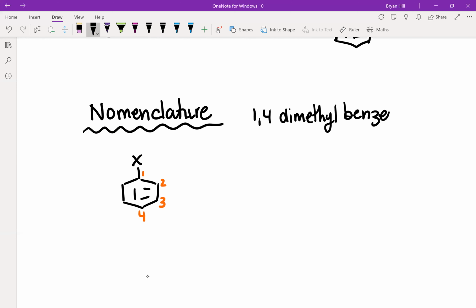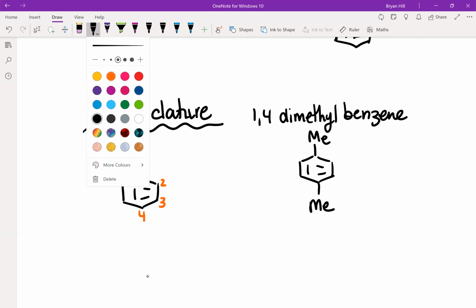There's actually a common name for this, but what this would mean is that you've got a methyl group here and a methyl group here.